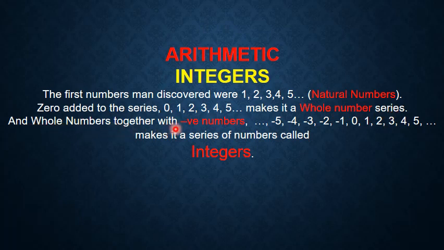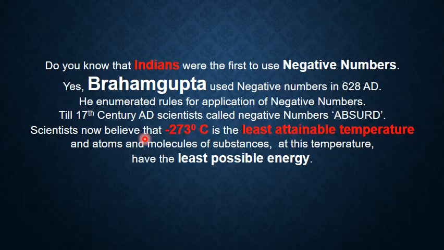And whole numbers together with negative numbers as minus 100, minus 5, minus 4, minus 3, minus 2, minus 1, 0, 1, 2, 3, 4, 5 till infinity makes it a series of numbers which are called integers.